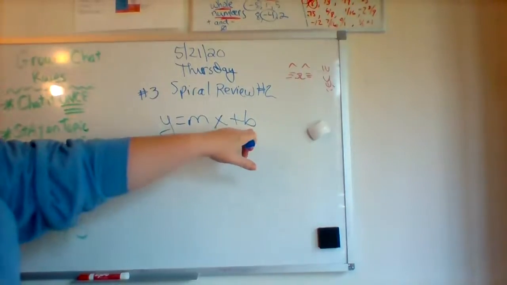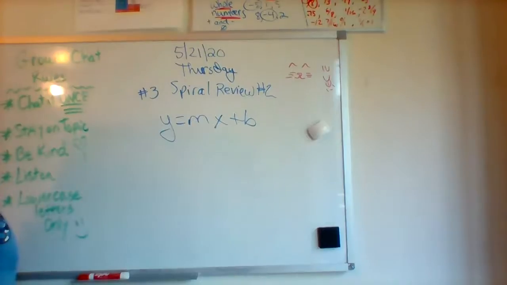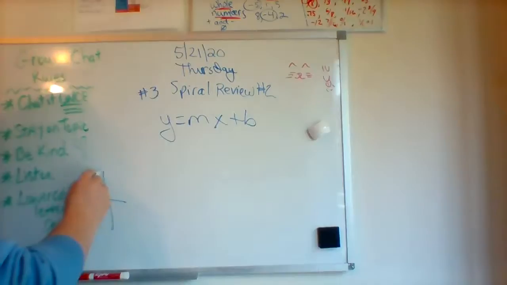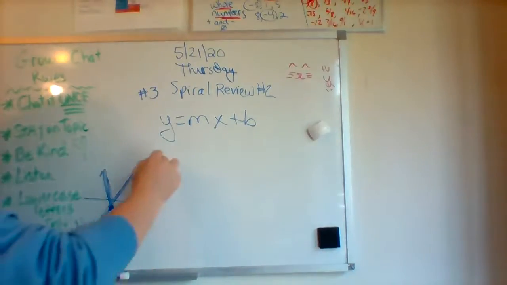This one is the one where the line is hitting the y-axis. So where does it hit the y-axis? Meaning, right here, this is the y-axis. So where is the line hitting the y-axis?